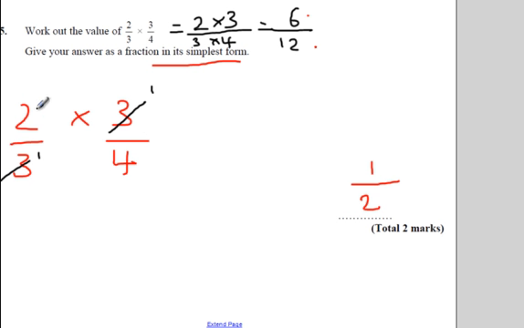And I'm still not finished, because if I look here I've got an even number and an even number. So 2 will go into 2 once, 2's will go into 4 twice, and now I've got 1 times 1 all over 1 times 2, which gives me 1/2. So 2 different methods of doing the same question.